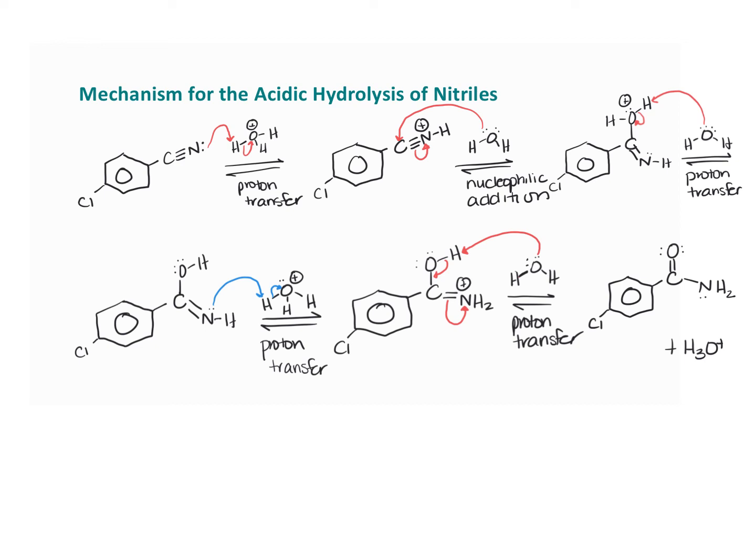Notice that we've got 5 elementary steps here, and the only step that's not a proton transfer is the nucleophilic addition step in step 2. The 4 proton transfer steps add protons to the nitrogen and then remove them from the oxygen. So I want to point out no strongly basic species appear here, right?